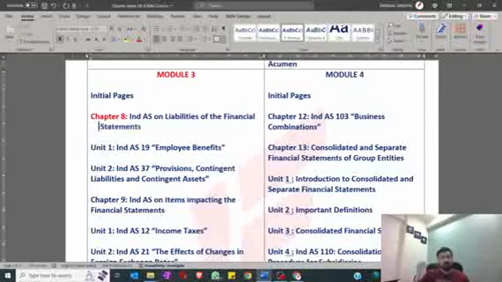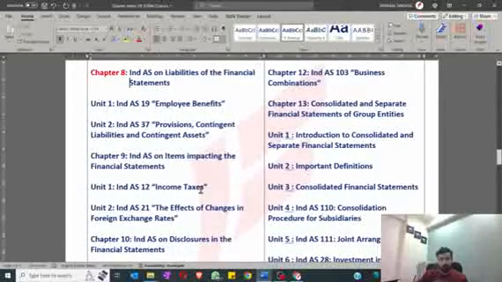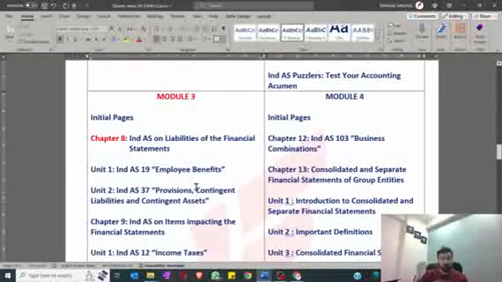What could be the examples of liabilities on the face of a balance sheet? Say, employee benefits payable or provisions or income tax payable, etc. So chapter 8 is on liabilities of the financial statements.